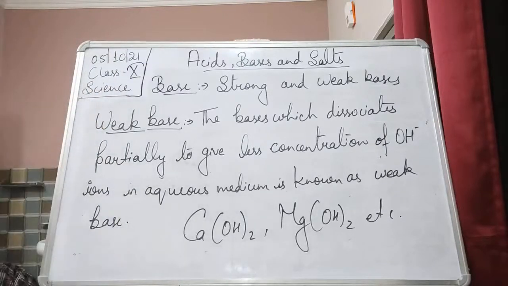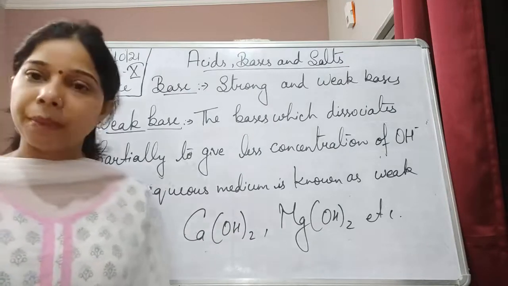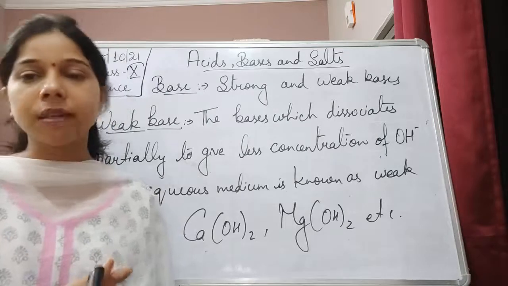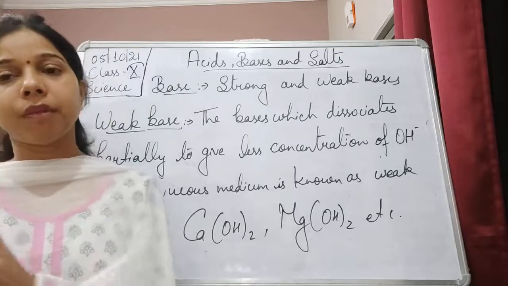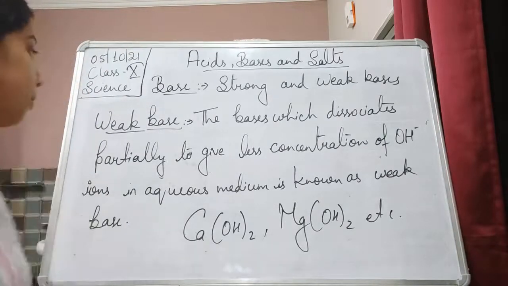But everyone will produce the hydroxide ion when dissolved in the water. Now, let us try to understand the different properties of the bases, including the physical properties as well as the chemical properties. So, let us start with the physical properties of the bases.